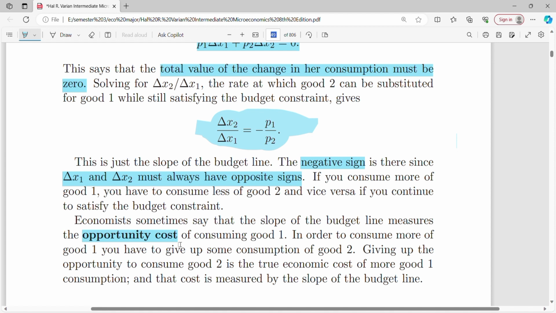At the same time we cannot gain both goods. So this is the reason both goods' changes have opposite signs, and that is why the slope always gets a negative sign, and this just measures the opportunity cost of consuming good 1. That is, in order to consume more of good 1, you have to give up some consumption of good 2.